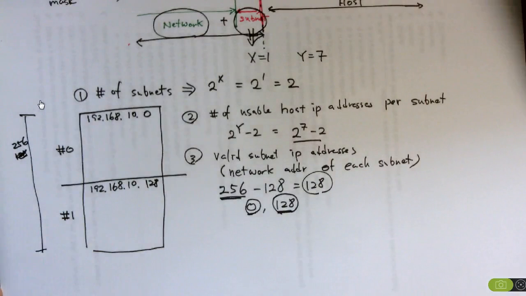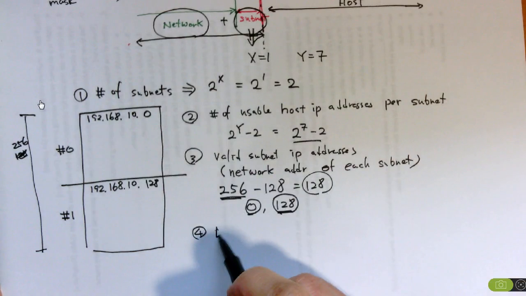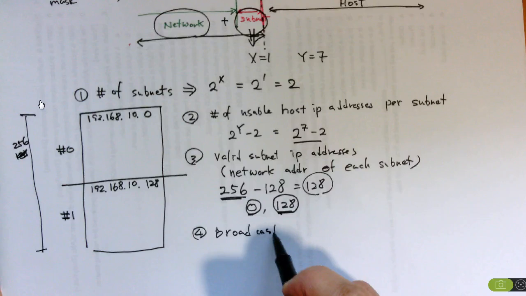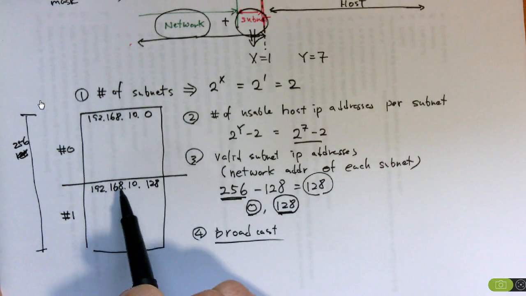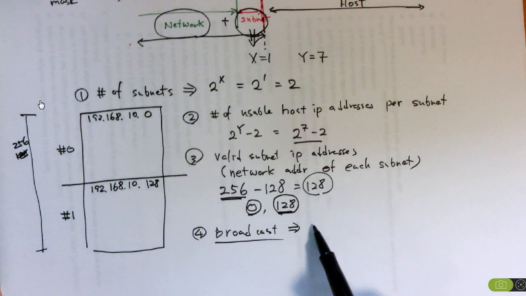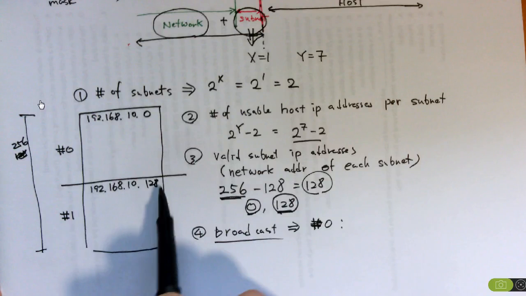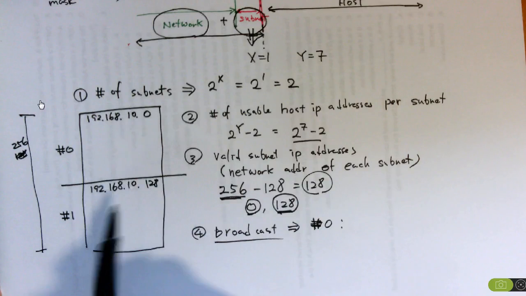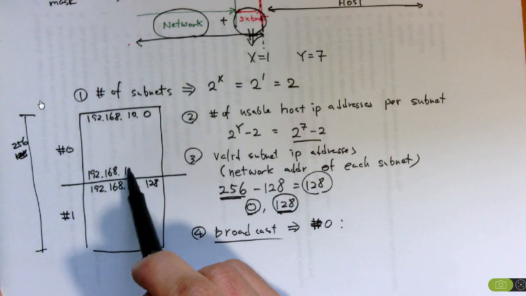Number 4 is, what is the broadcast address of each subnet? First, find the broadcast address of subnet 0. It is the network address of subnet number 1 minus 1, which is 192.168.10.127.